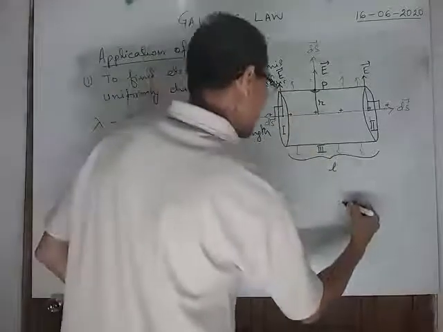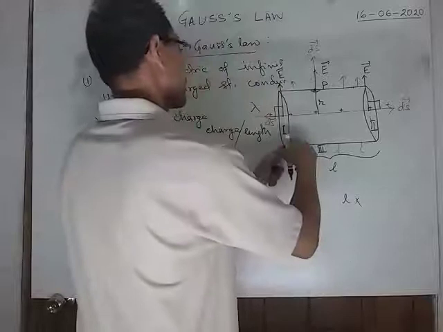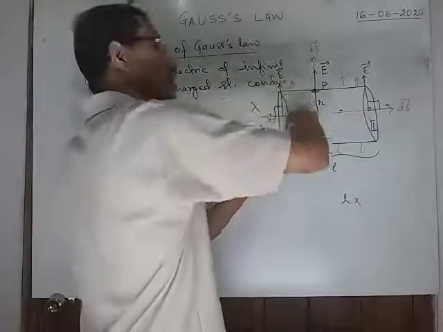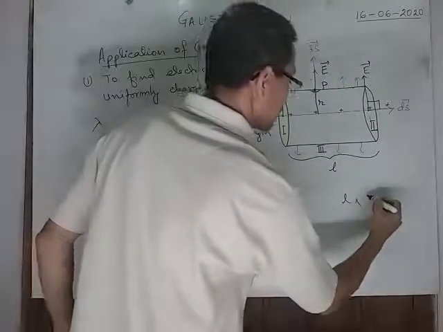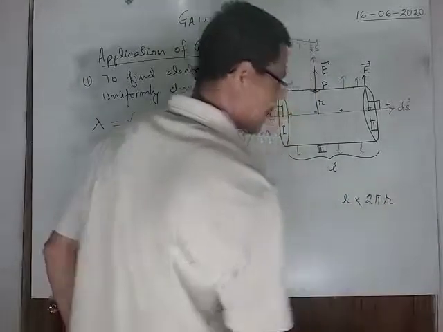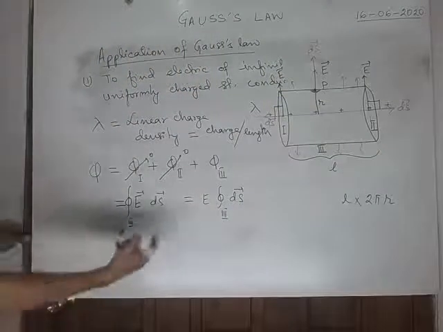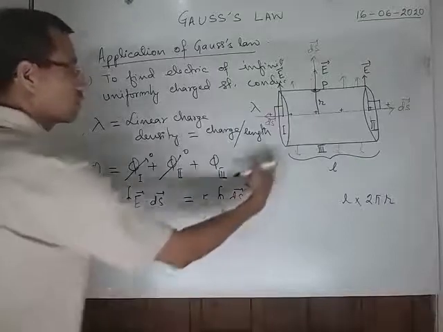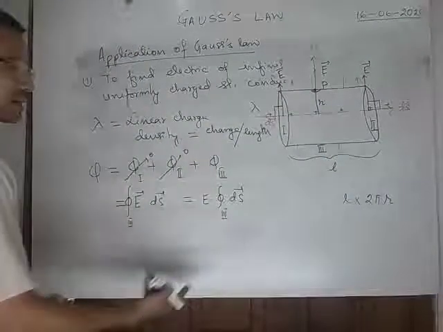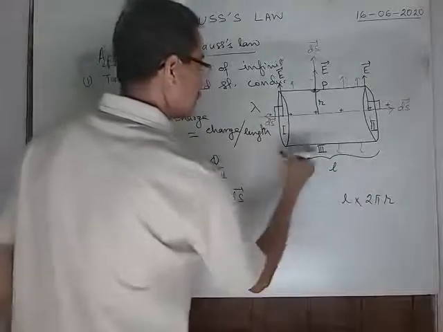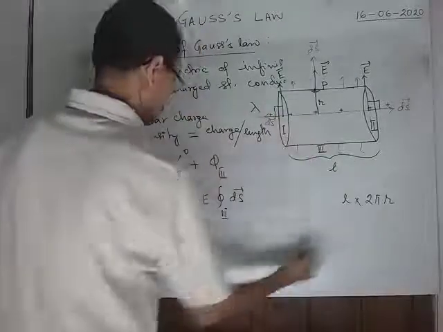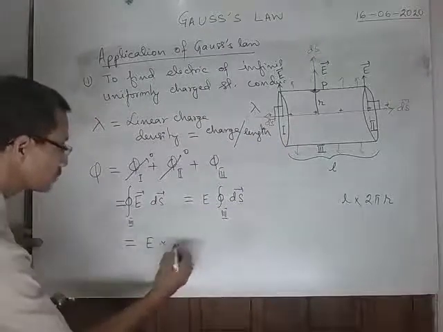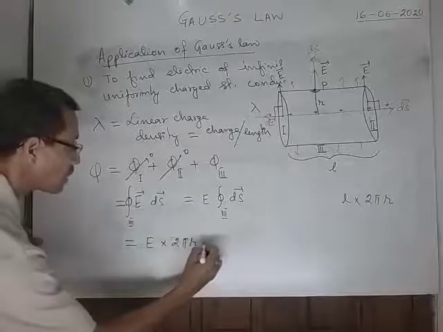Length will be no doubt L, and breadth, when you open and unfold it, will be the circumference, right? So circumference means twice pi r. So the total area of the whole curved surface will be the area of a rectangle, the length L, and breadth the circumference. So let's write it as E into twice pi r into L.